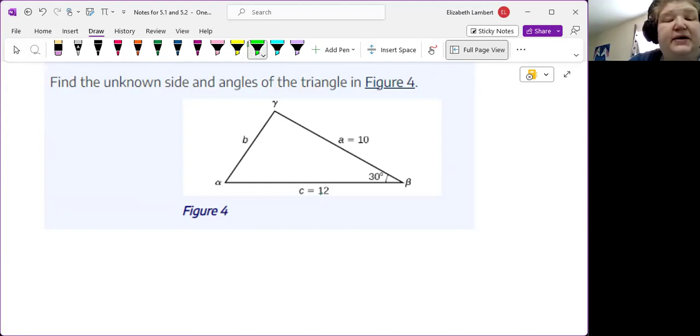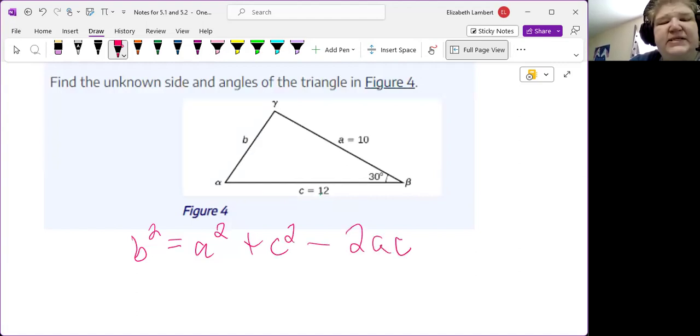All right, so if we use the B form, we'd have B squared equals A squared plus C squared minus 2AC, because it's always the same ones from that side. And we call it the law of cosines, so it's a cosine. And then the angle that matches the thing way on the other side.